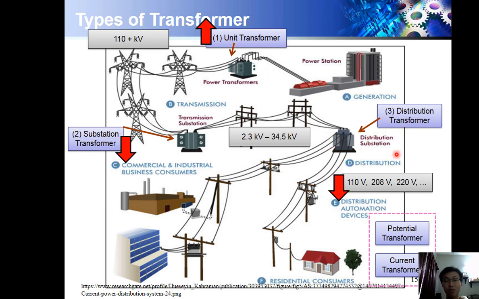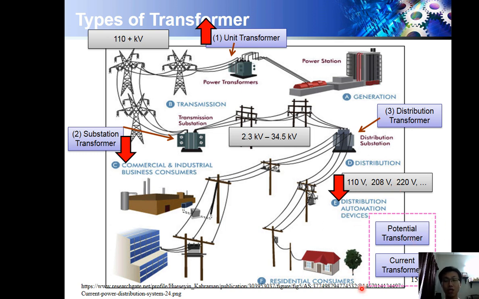At the distribution substation, we have a distribution transformer, also stepping down, either to deliver to commercial or industrial business consumers, or to distribution automation devices, with maybe 110 volt, 208 volt, 220 volt, stepping down from the 2.3 to 34.5 kilovolt range to 110, 208, 220 volt.